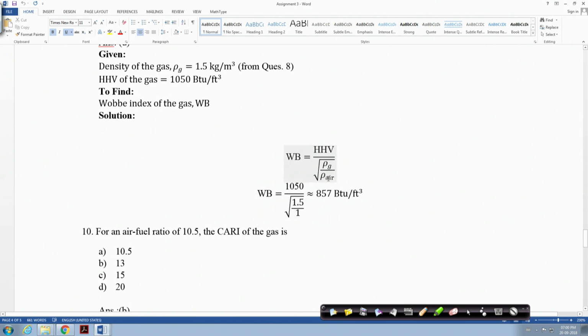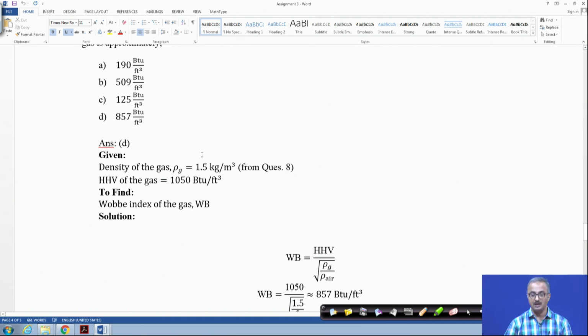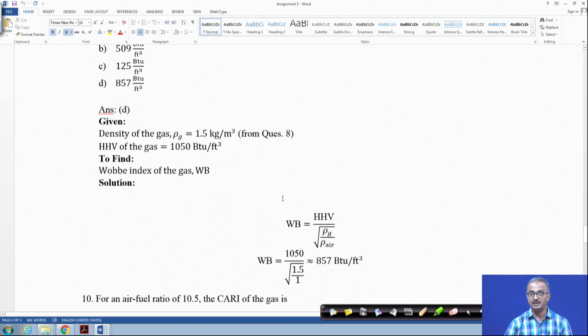Please understand that problems 6 to 10 are together, a bunch of problems. So you will find that many of the data you will be taking from the previous problem. Nothing new in this, you just have to take the data from the previous problem.